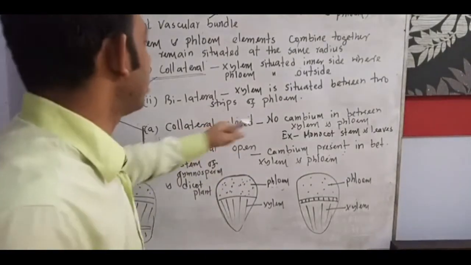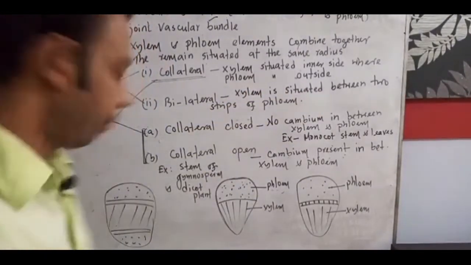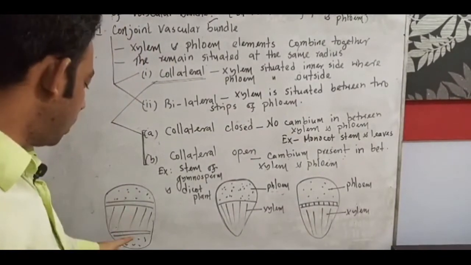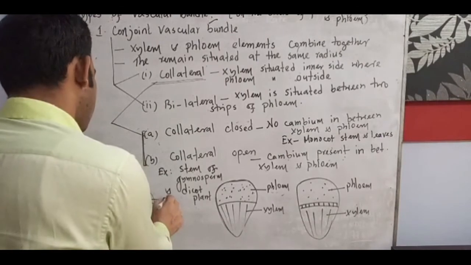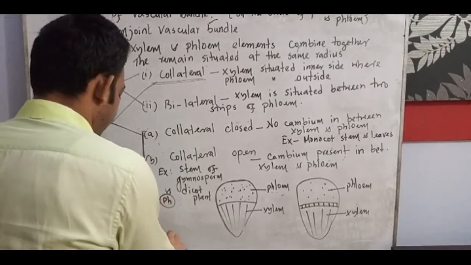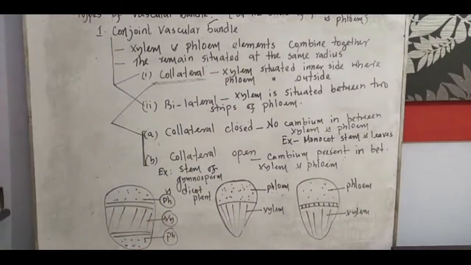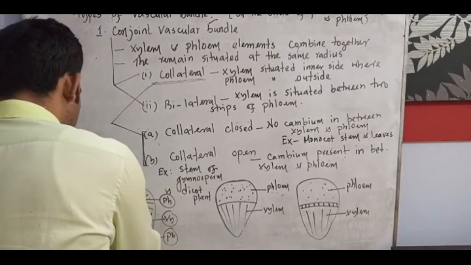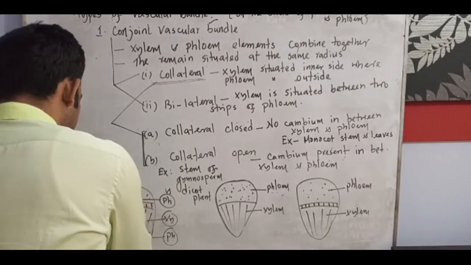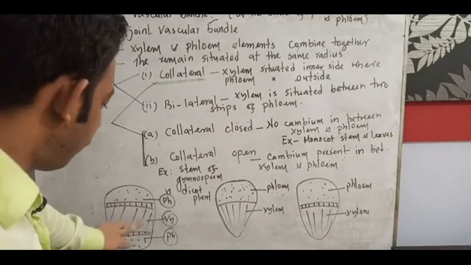Actually, it is mentioned that the xylem is situated between two strips of phloem. This one is the phloem, this one is the phloem, and this one is the xylem. The xylem is present in between the two strips. Cambium is separate there, in between the two strips, here phloem, xylem.